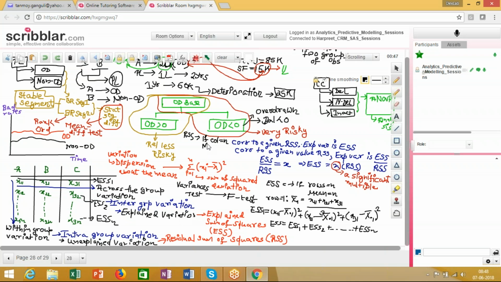The number of means will be equal to the number of columns. So if columns equal n, then the mean is equal to n. This is what RSS is, right?